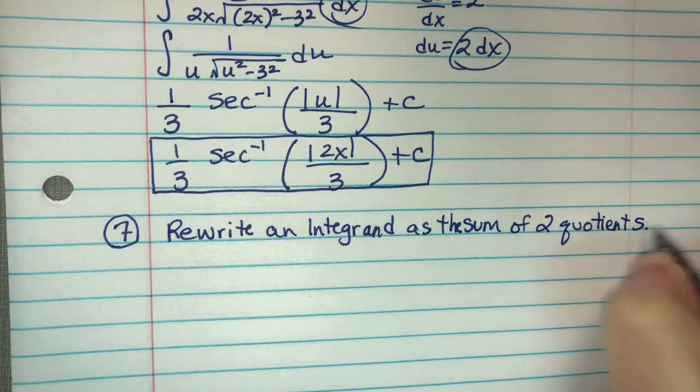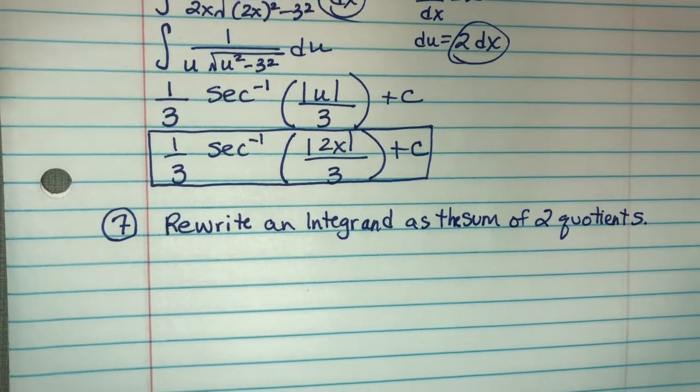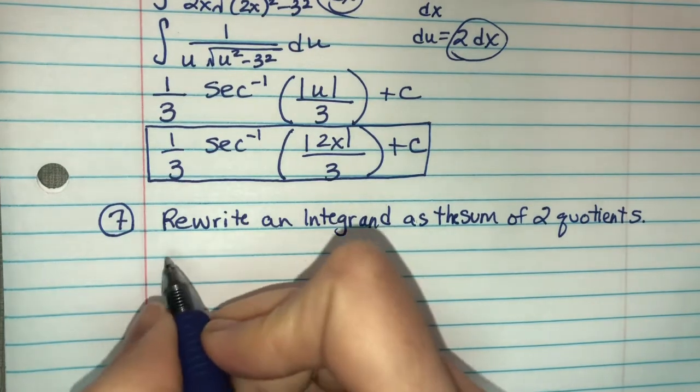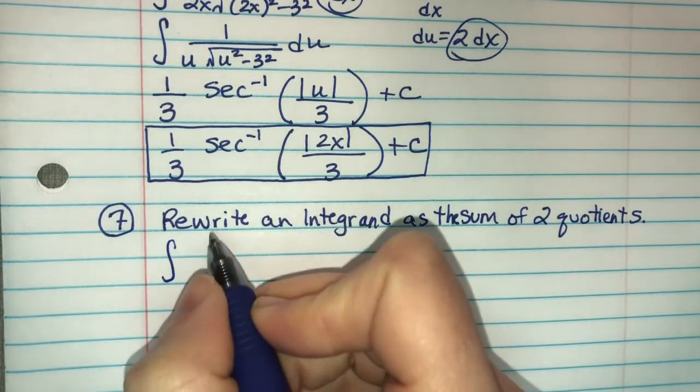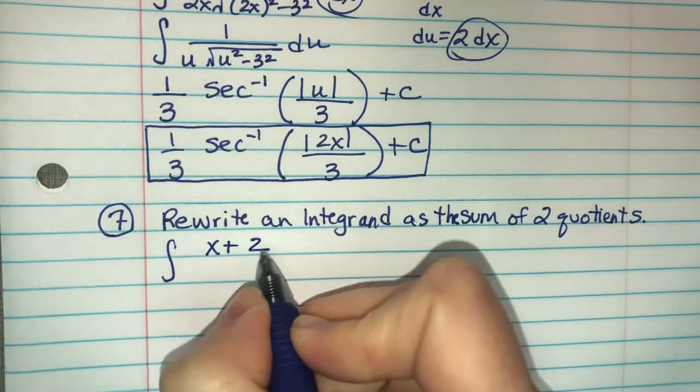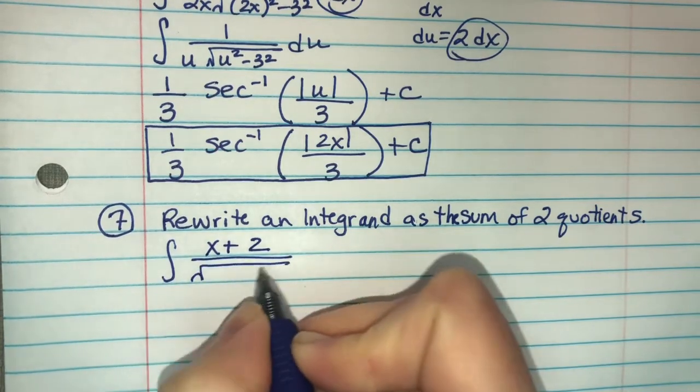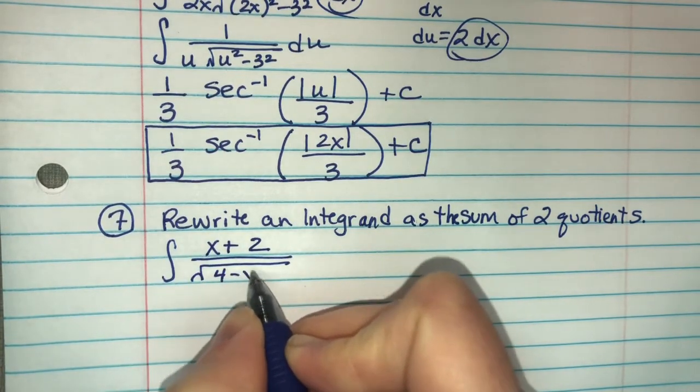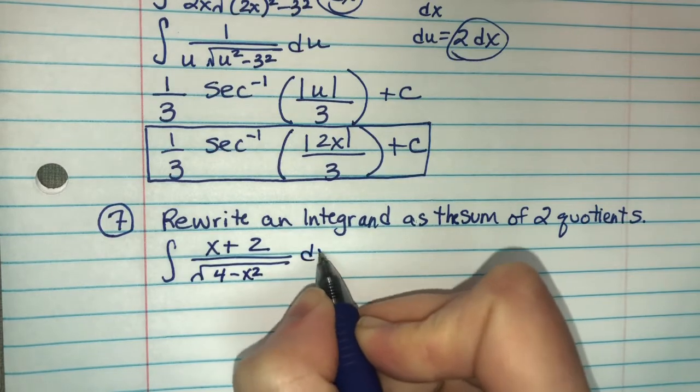Lots of good math vocabulary in that directive. Okay, so this is what the problem is. The integral of x plus 2 over the square root of 4 minus x squared dx.